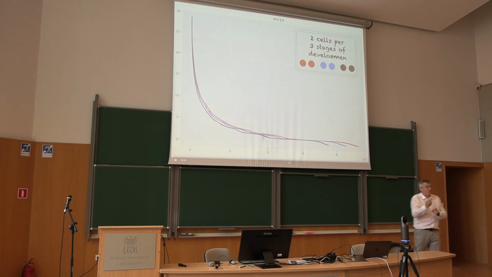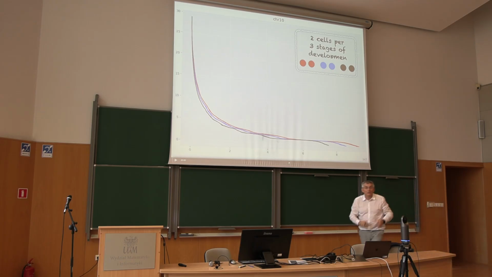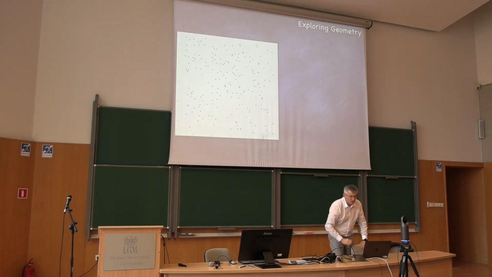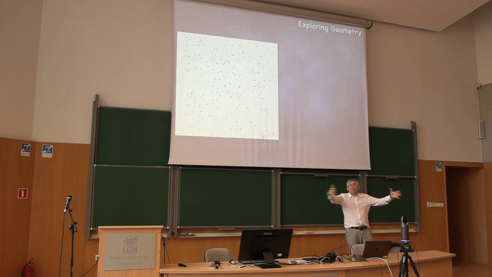So they're not interested in maybe this global thing, but they want to understand how a particular promoter or gene changes with the development. Not the global, but particular. So here we can explore the geometry of this space of promoters and enhancers. So that's your data.